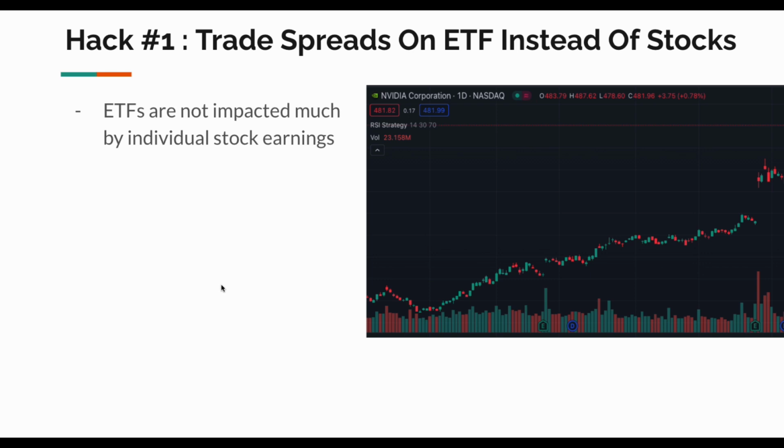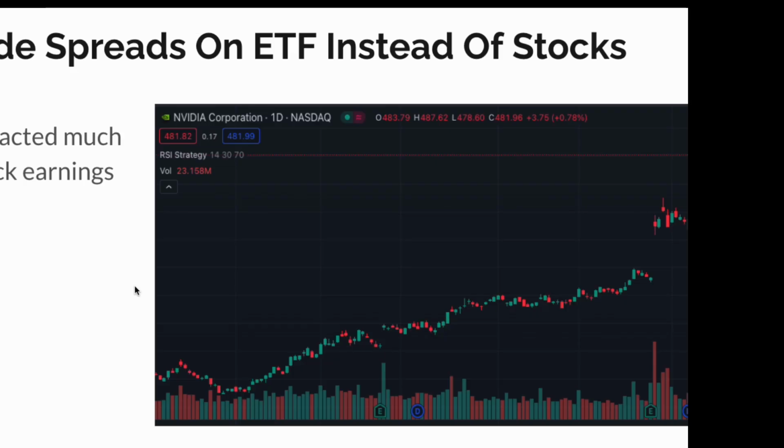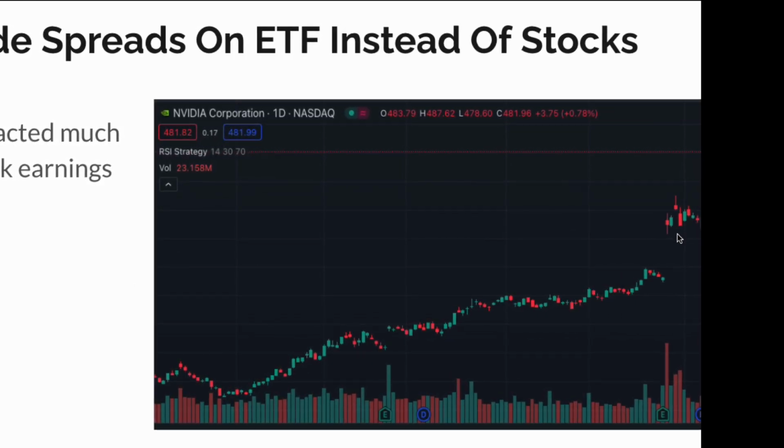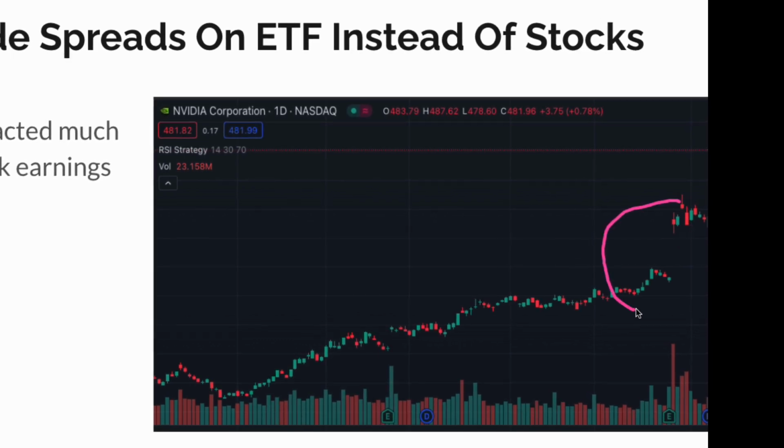Also, ETFs are not impacted much by earnings. Let's take an example of Nvidia. When Nvidia recently released their earnings, if you see here, there's a huge gap up, because the earnings were really good.